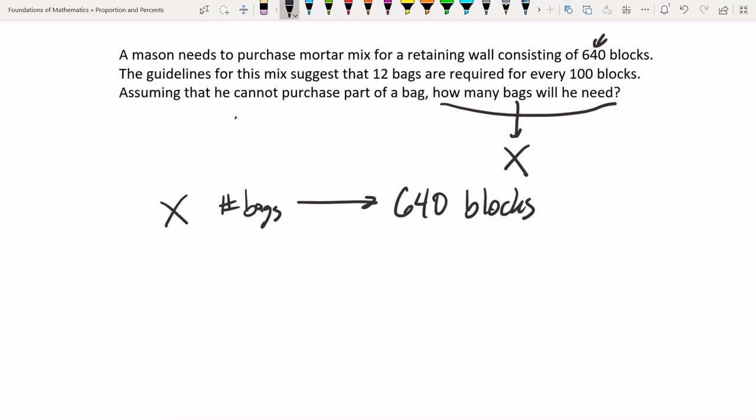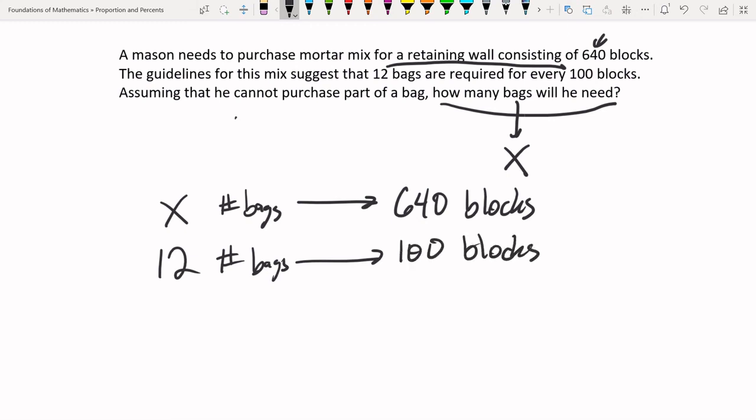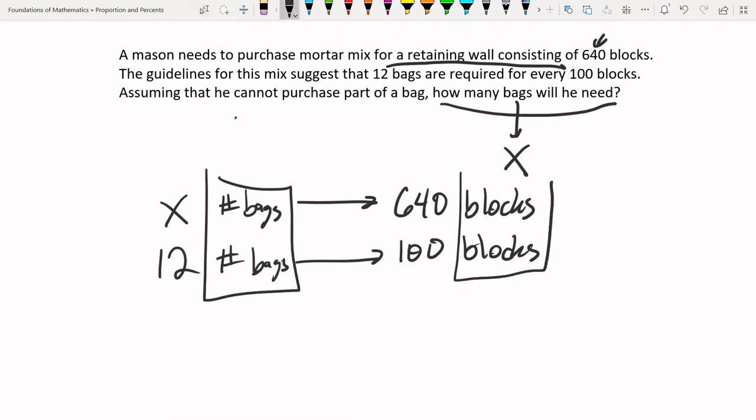And we know that the guidelines suggest 12 bags are required for every 100 blocks. We have 12 number of bags goes to 100 blocks. And you can see we have the same units on both sides. So now we can set up a proportion to solve this.